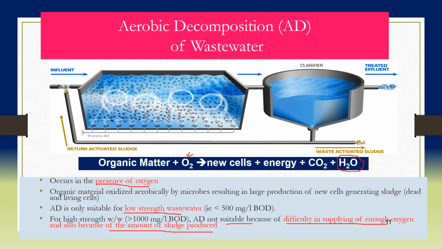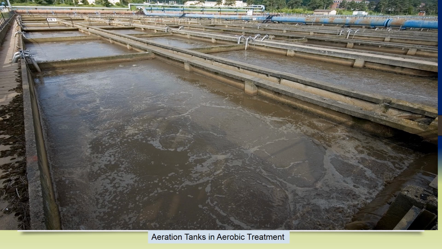And then it also will increase the maintenance cost since it produces a large amount of sludge. Okay, this is the example of an aeration tank in the aerobic treatment.